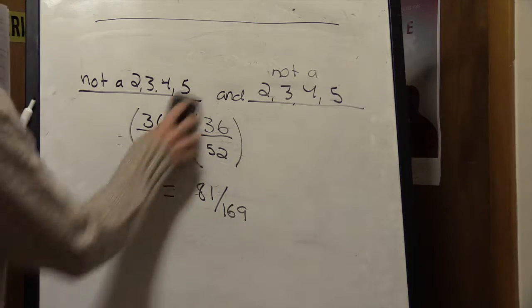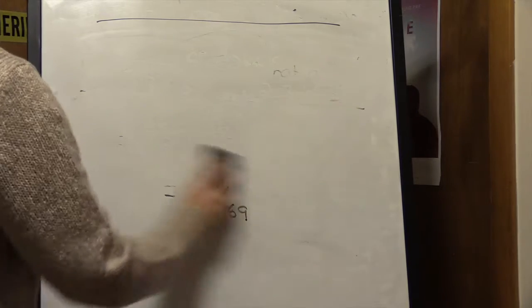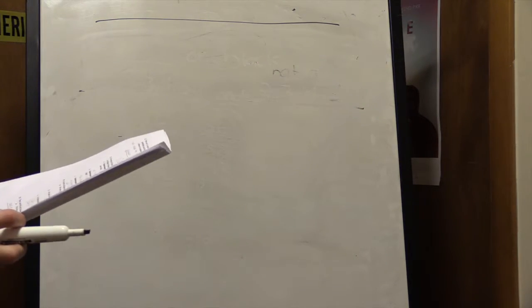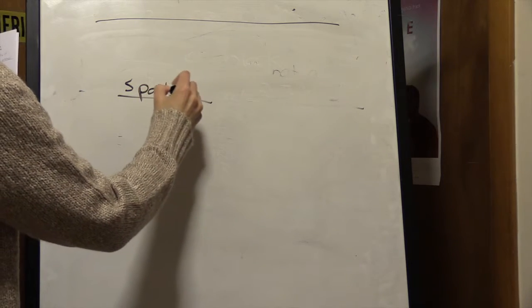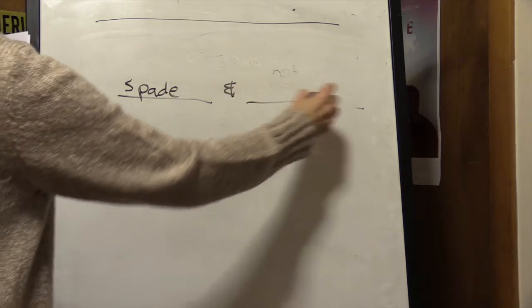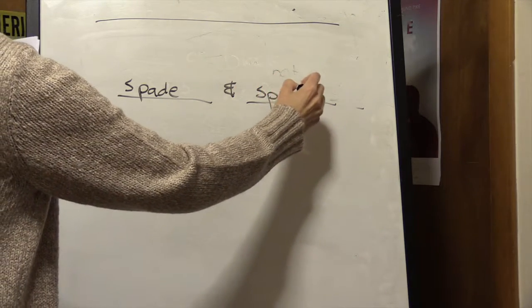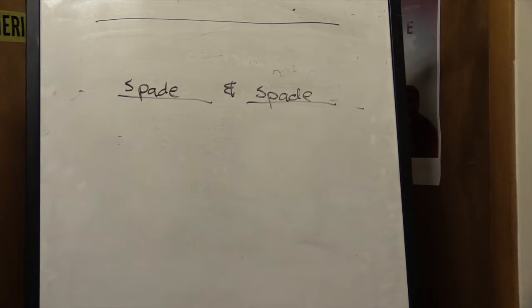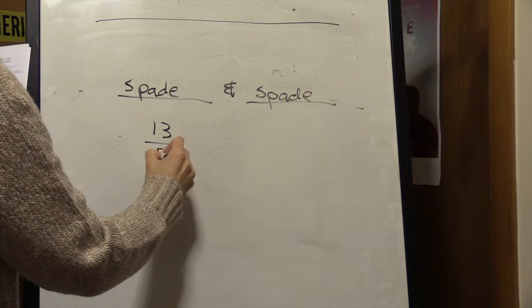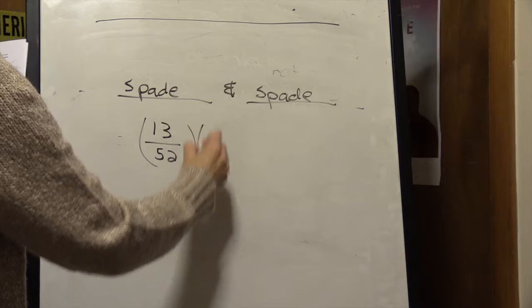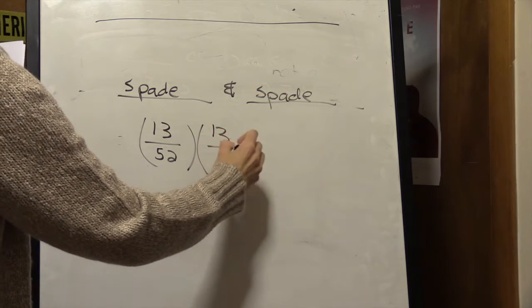All right, let's look at C. C is both cards are spades. Once again, we're looking at a multiplication, a spade and a spade. So 13 of the cards are spades, 13 out of 52, times 13 out of 52.